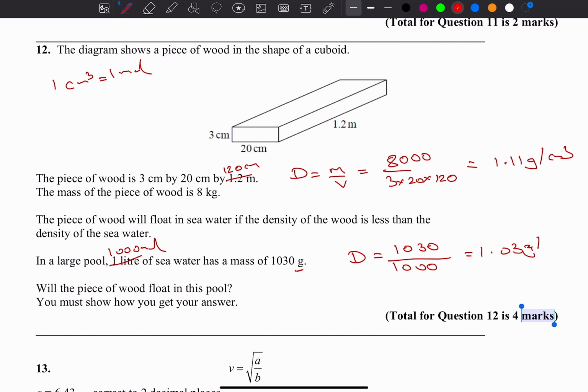Technically it's grams per centimeter cube or grams per milliliter. It doesn't really matter. Is that bigger? Higher density? If you have higher density, what will it do? 1.11 is a higher density than 1.03. If it's too dense, would it float or sink? Would it float? No, it will sink. Too high of a density.